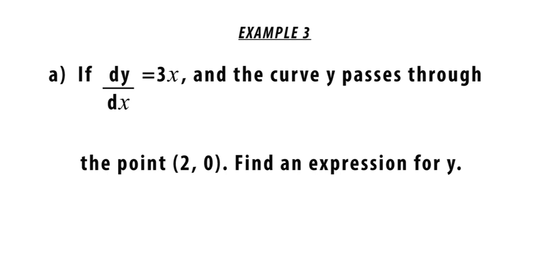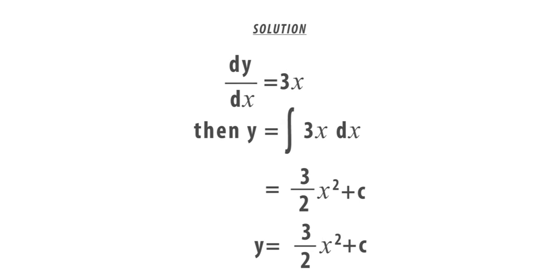Let's take the solution. We have been given dy/dx. dy/dx is equal to 3x. So for us to get y, we will have to integrate. So y is equal to the integral of 3x dx.